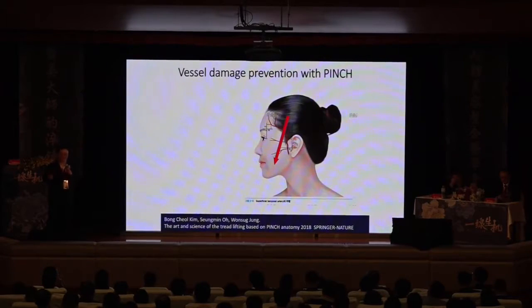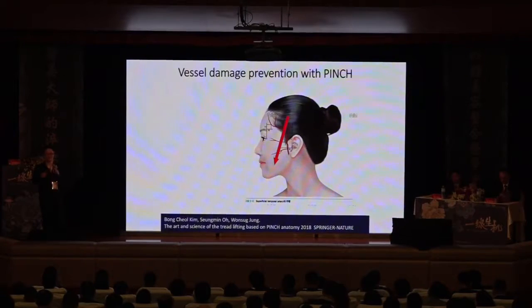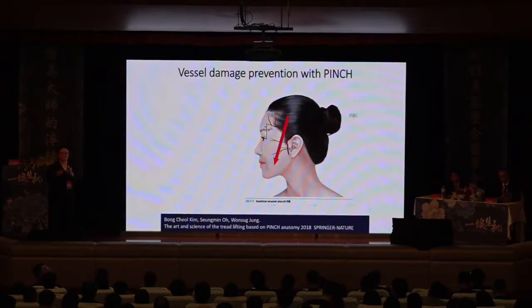But sometimes, inevitably, we cause damage to the vessels. When we advance the cannula or needle from here, some clicking sense and edema or protrusion evokes. That means vessel damage.